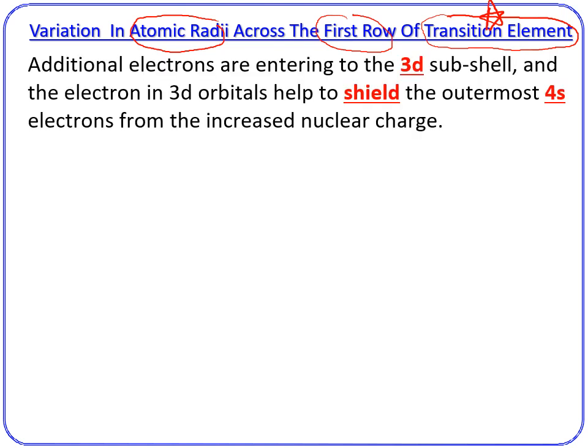Additional electrons are entering the 3d subshell, and the electrons in the 3d subshell help to shield, or block, the 4s electron from the nuclear charge.